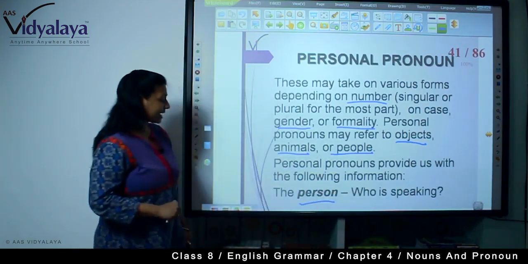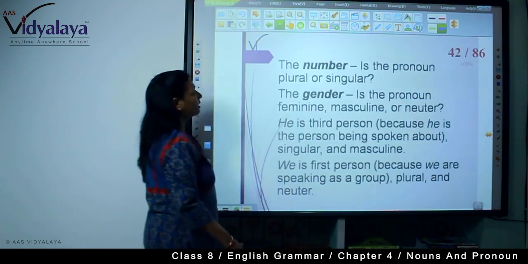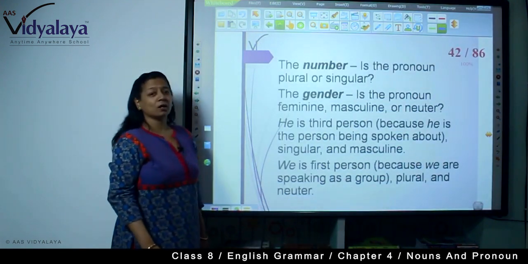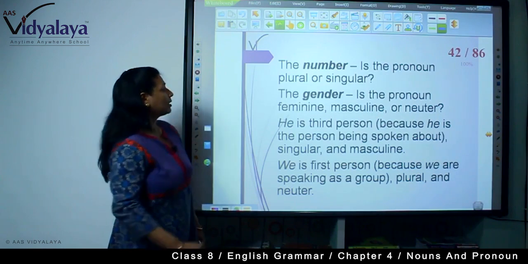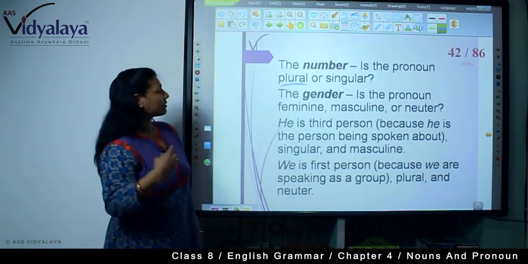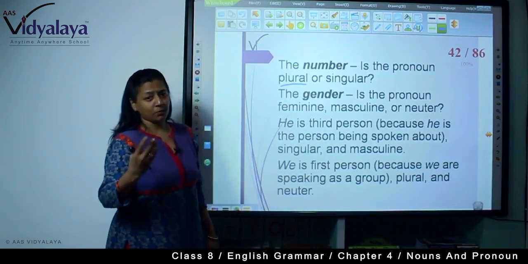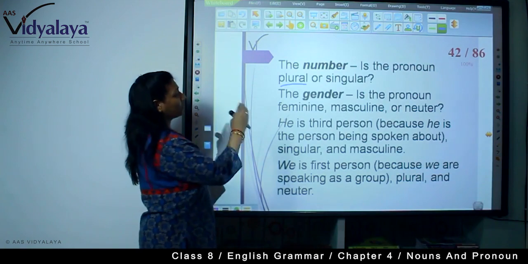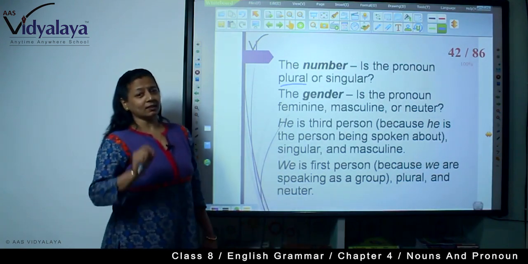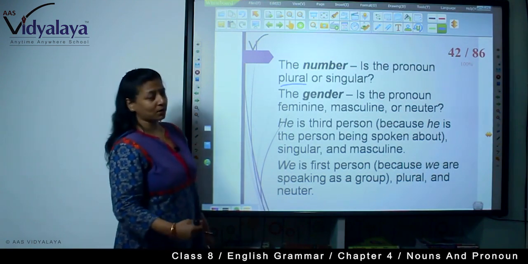The number: is the pronoun plural or singular? For plural we will write we, they, right? And for singular he, she, or a proper name.